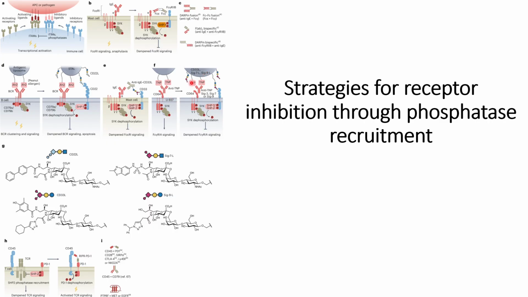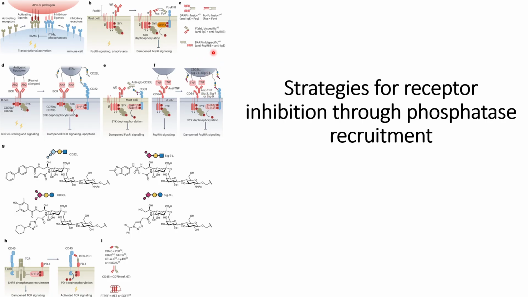When they wanted to check which of the Siglecs caused this dampening of FC gamma R1A, they used glycans with affinity towards either Siglec 7, Siglec 9 or Siglec 3.